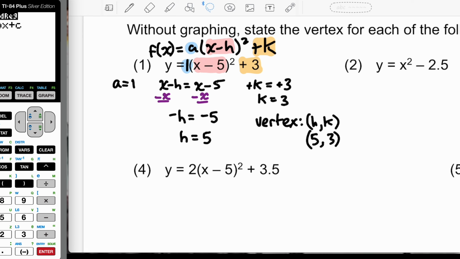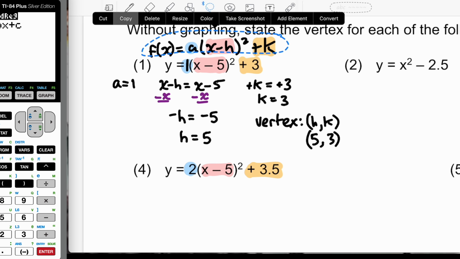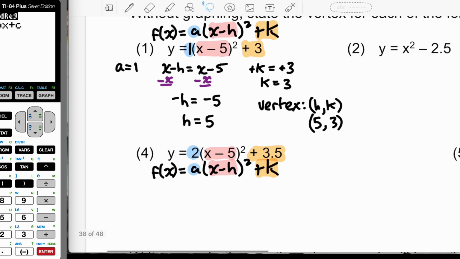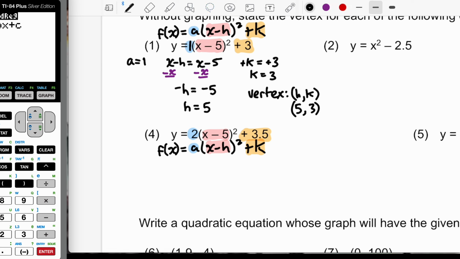But again, procedurally, we have the 3 components, and I have my standard form, or my vertex form. If I needed to show the work, I could say a is equal to 2, x minus 5 is equal to x minus h, and 3.5 is equal to k, or I could just say k is equal to 3.5.